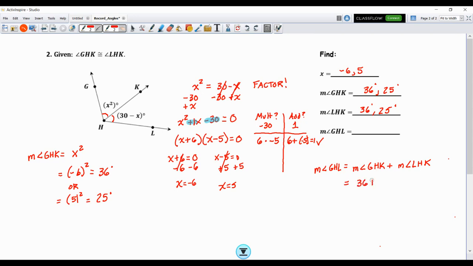One would be 36 degrees plus 36 degrees, which would give us a total of 72 degrees for the measure of angle GHL. Or another option would be 25 degrees plus 25 degrees, which would give us a total of 50 degrees for the measure of angle GHL. So the measure of angle GHL is either 72 degrees or 50 degrees.